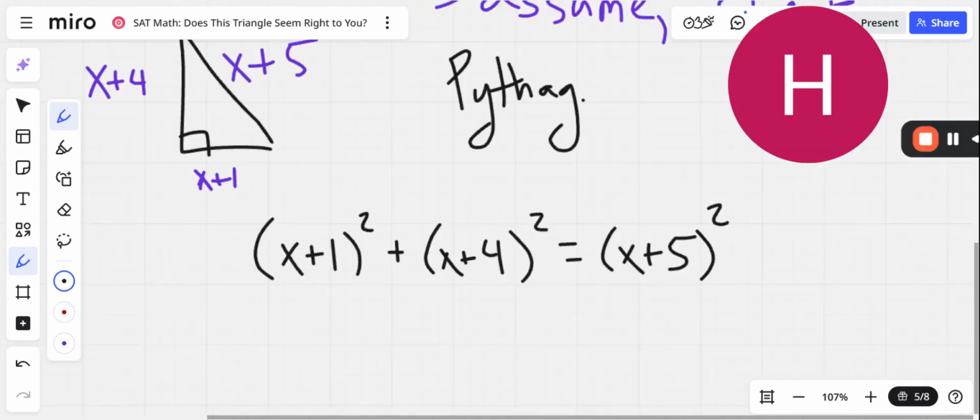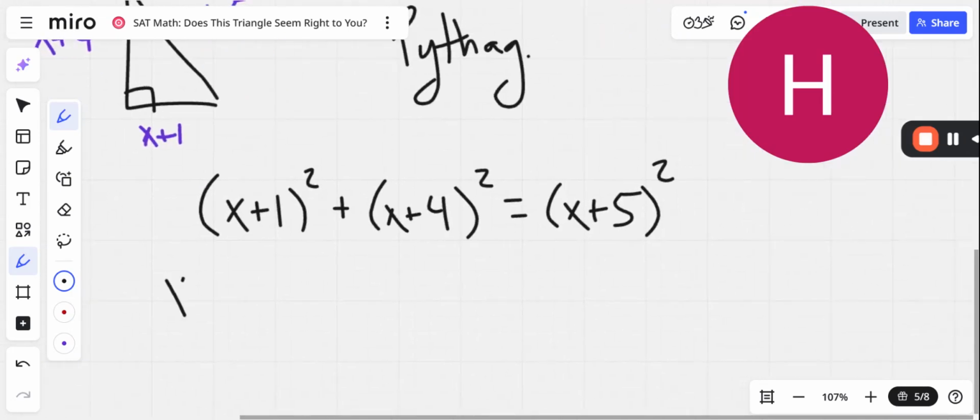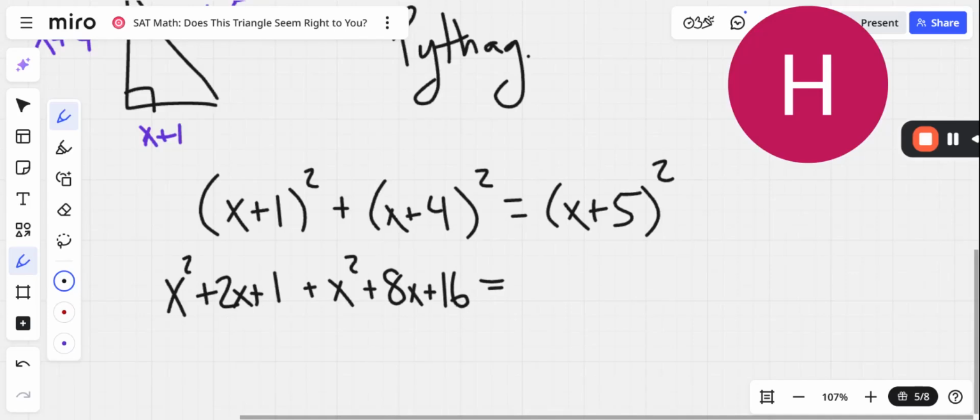Now that we have this equation with x in it, we can try to solve the equation, right? So let's expand these. Simple expansion here, and another very simple expansion. And this is going to equal x squared plus 10x plus 25. Great chance to practice FOIL multiplication.